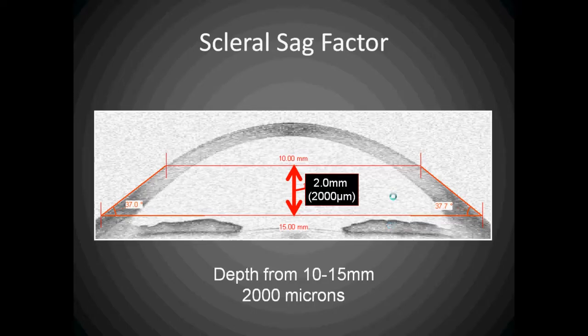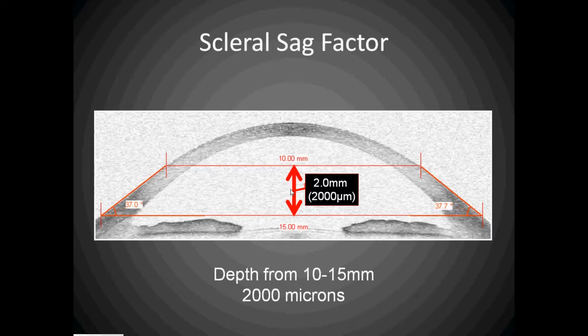If our corneal topographer can measure the sagittal depth from a 10 millimeter chord to the peak of the eye, then we have a very powerful tool for predicting the initial scleral lens required, because we know that the average sagittal depth of the eye from a 10 to 15 millimeter chord is approximately 2,000 microns.